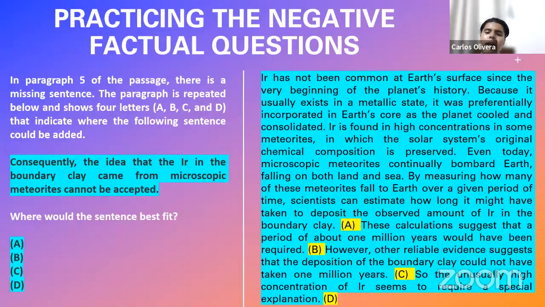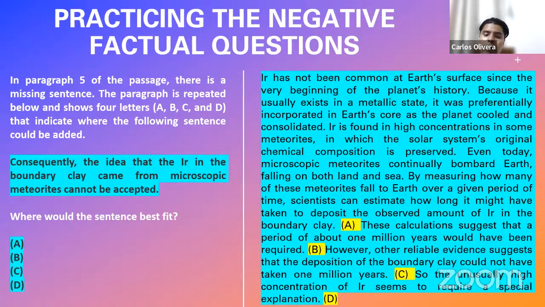Okay, it says, it has not been common at Earth's surface since the very beginning of the planet's history. Because it usually exists in a metallic state, it was preferentially incorporated in Earth's core as the planet cooled and consolidated. Air is found in high concentrations in some meteorites in which the solar system's original chemical composition is preserved.